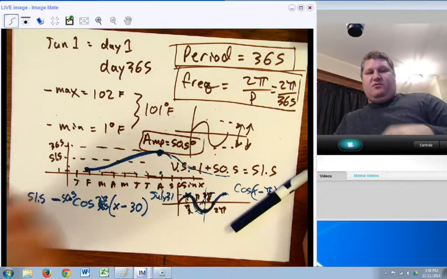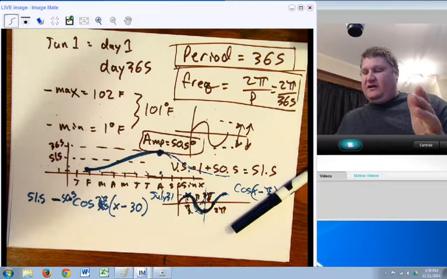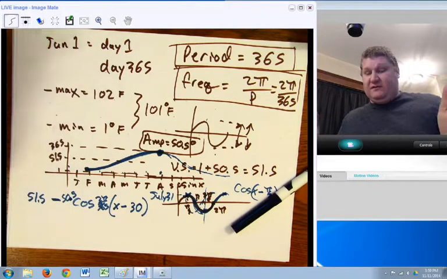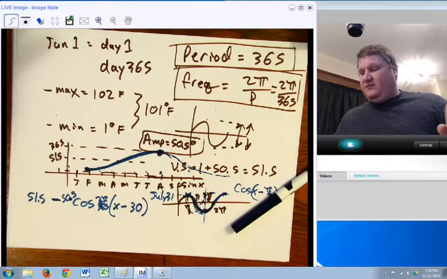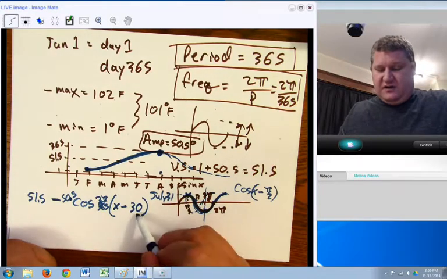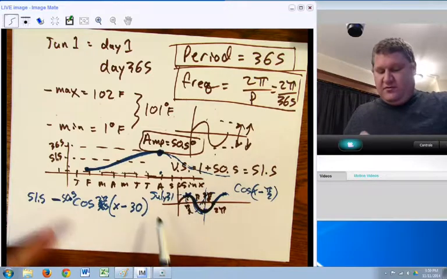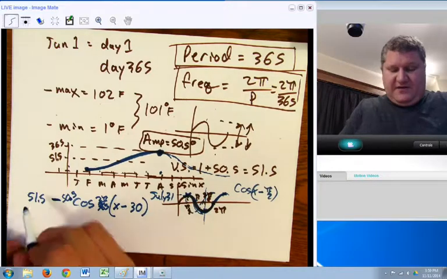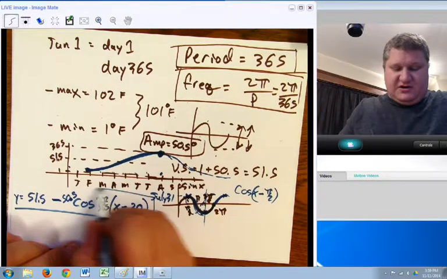We're already at 1, so we go 2, 3, 4, 5, 6, 7, 8, 9, 10, 11, 12, 13, 14, 15, 16, 17, 18, 19, 20, 21, 22, 23, 24, 25, 26, 27, 28, 29, 30. Yeah, we should have 30 in toto. So, just double checking, if I'm not mistaken, this is going to be the equation we could use.